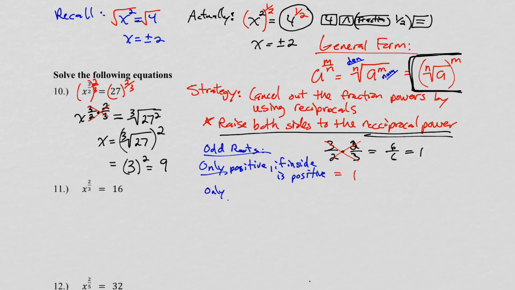And same thing with negative. Only negative if the inside is negative. Okay? So the roots, if it's odd, like 3, 5, 7, you're only going to get one answer this time. If you have an even power root, like square root, which is 2, fourth root, sixth root, and so forth, you're going to get 2 answers, the positive and negative versions. Okay?